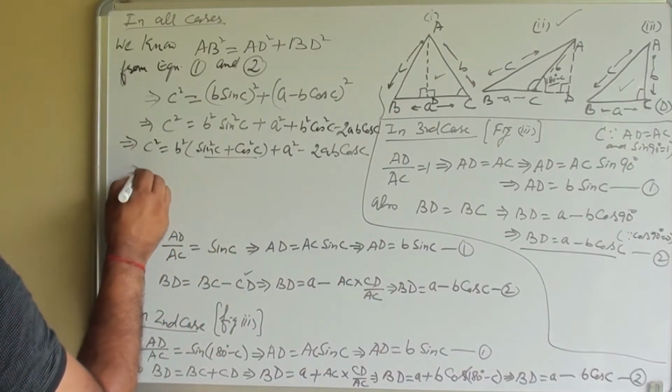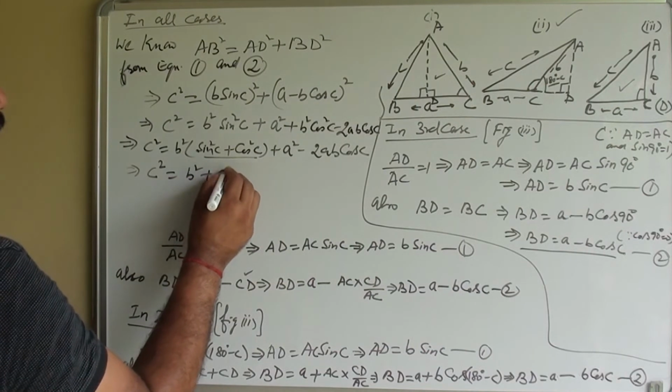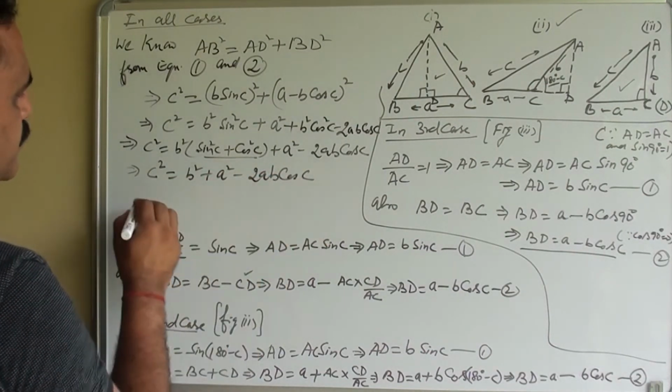So this implies C square is equal to B square plus A square minus 2AB cos of C.